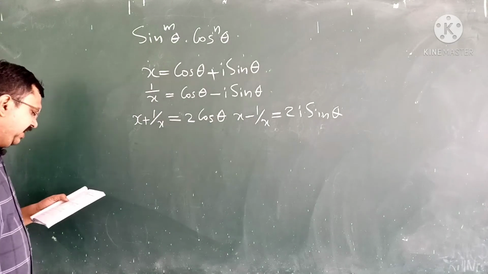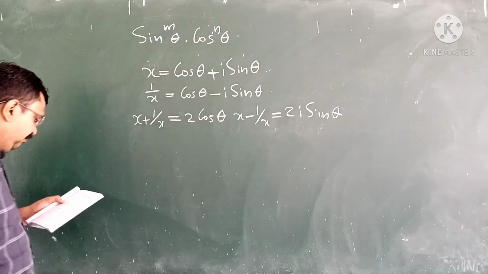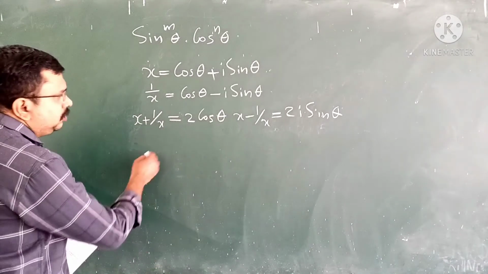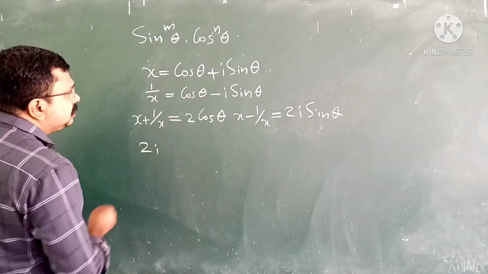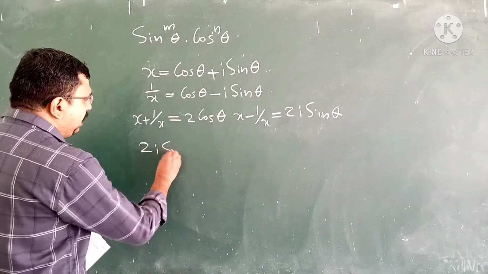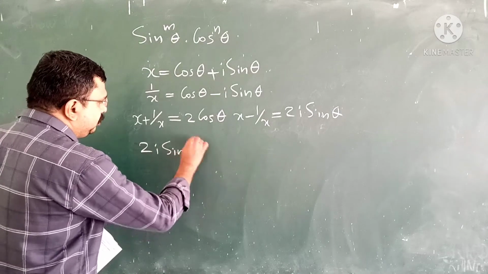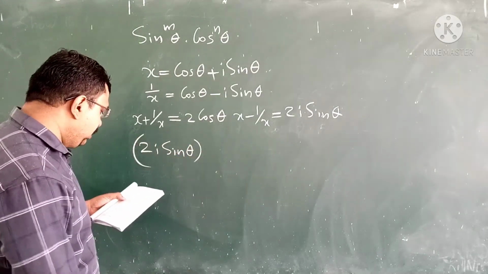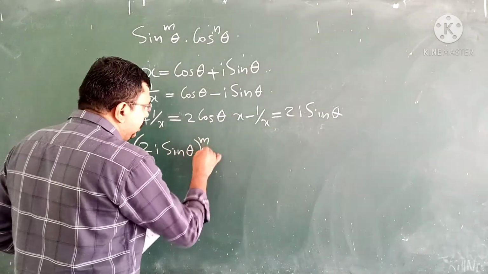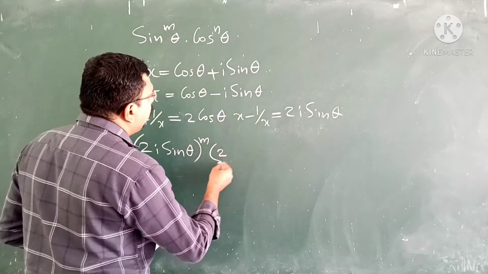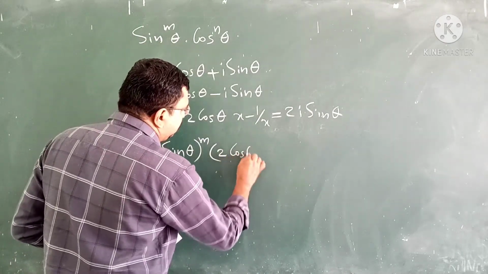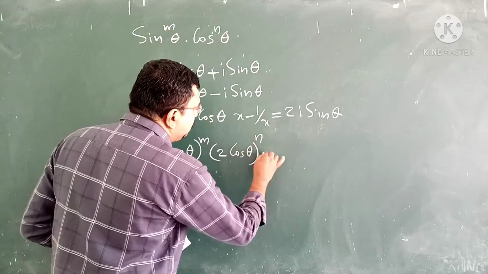But we want to find out the value of 2i sin theta the whole raised to m into 2 cos theta the whole raised to n.